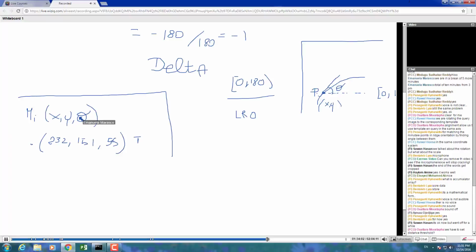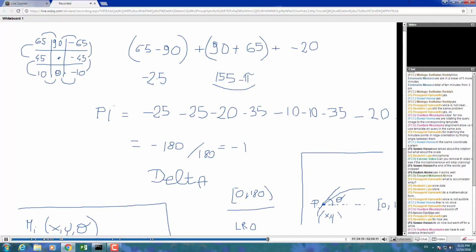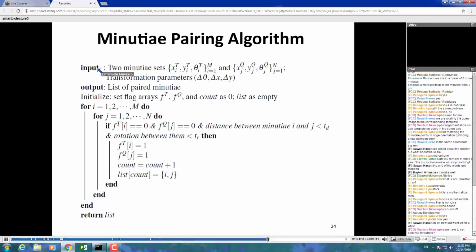How can we define paired minutia? They have to be at a distance which is less than a distance threshold, and the difference in the angle, the orientation, has to be less than a rotation threshold.